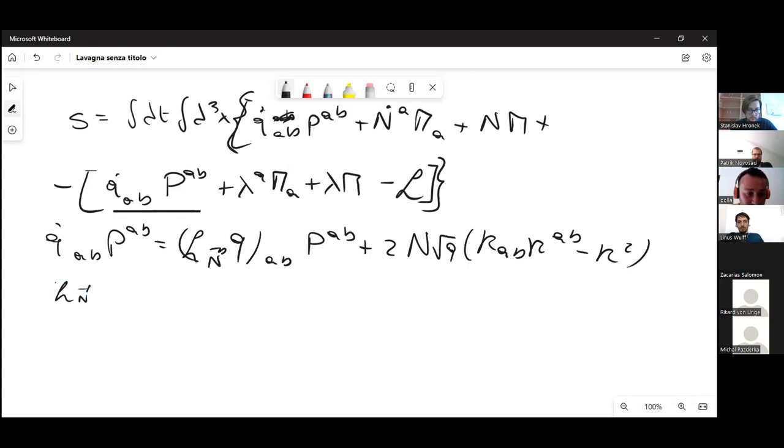So where did you get this formula from? Well, you get it from the P AB. I wrote it just above. So I want to maybe write it here. P AB was the square root of Q K AB minus Q AB K.